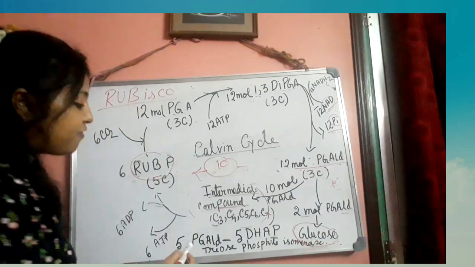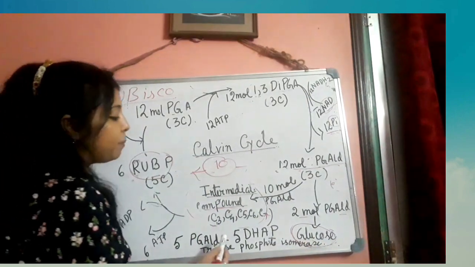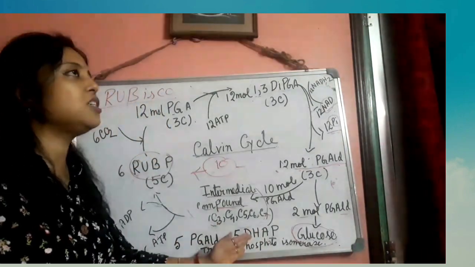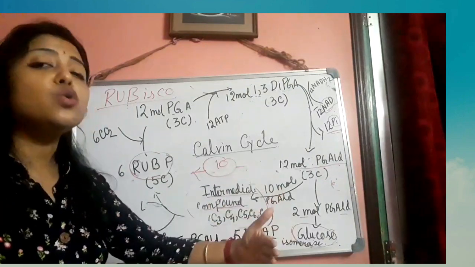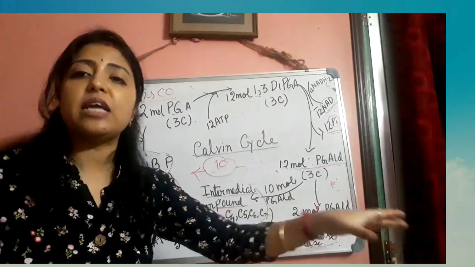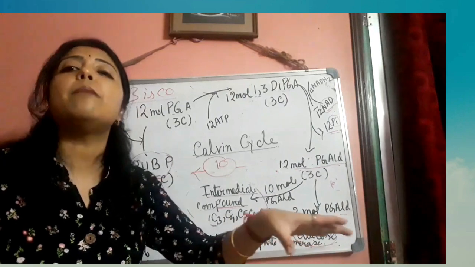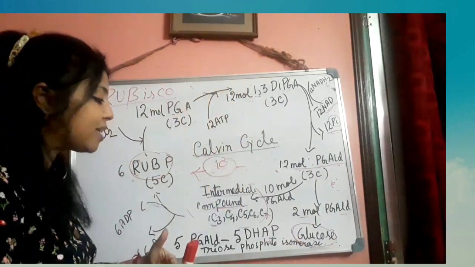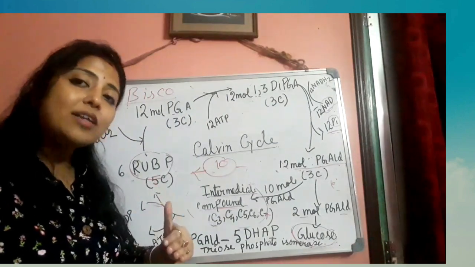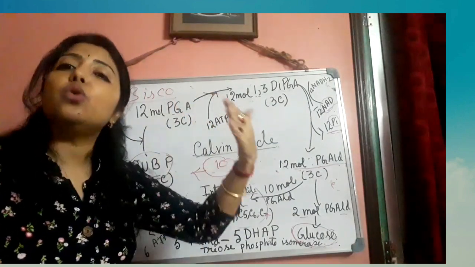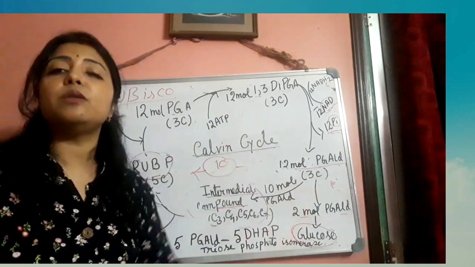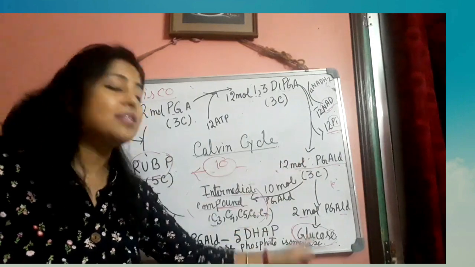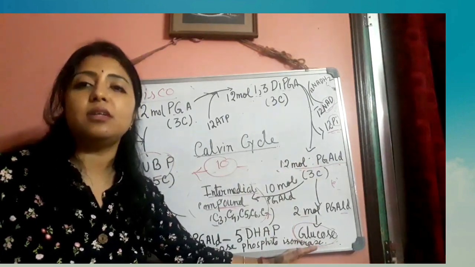From here the phosphoglyceraldehyde will produce dihydroxyacetone phosphate, and dihydroxyacetone phosphate will produce glucose with the help of some enzymes and through some processes, again glucose to phosphoglyceraldehyde, and here phosphoglyceraldehyde to glucose. So just the reversible process of glycolysis. That's why it is known as glycolytic reversal process.